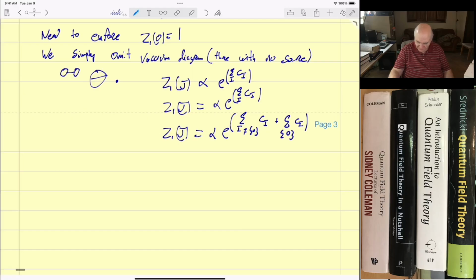So now let's see what Z1(J) equals at J equals 0. Z1(0), which we want to equal 1, is now equal to alpha, J equals 0, e. Now, the non-vacuum diagrams have sources, so when you put J equals 0, they all are 0. So I have e to the 0 plus the sum over all the vacuum diagrams of CI.